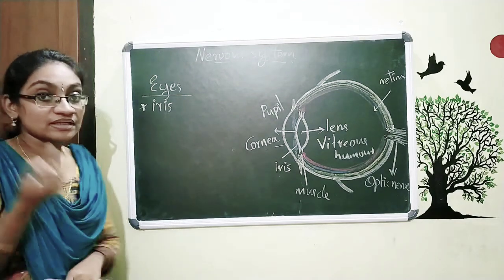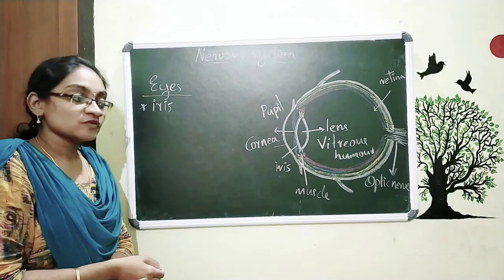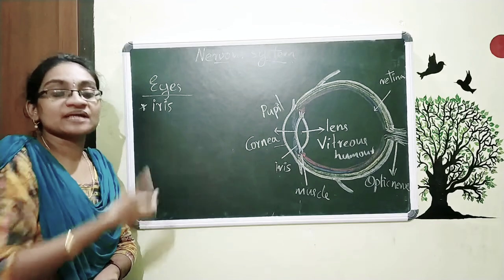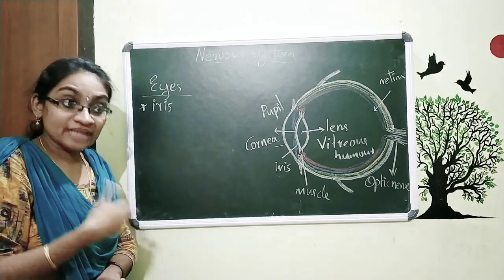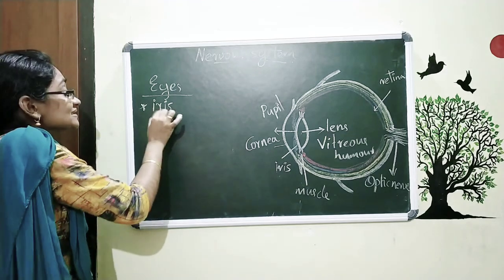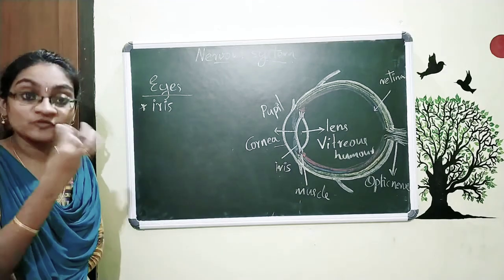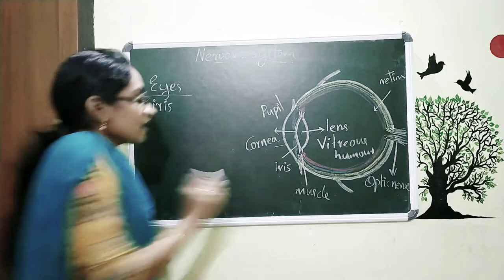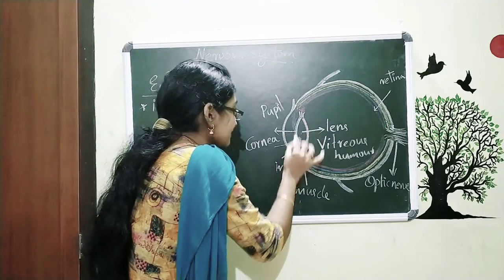That is the color of our eye, which means different people have different colors, black, brown, dark black. So the iris determines the color of our eye.